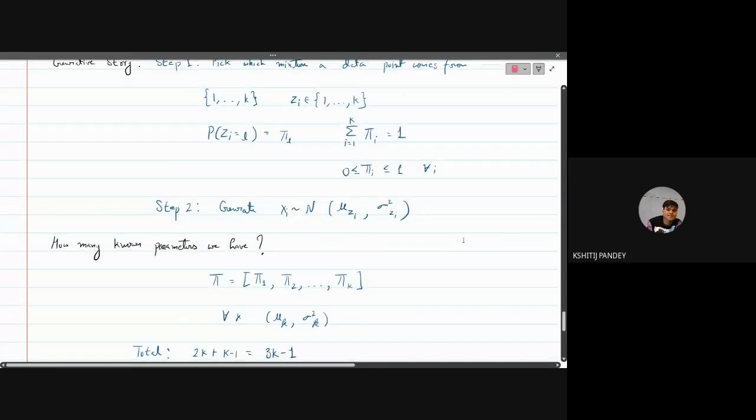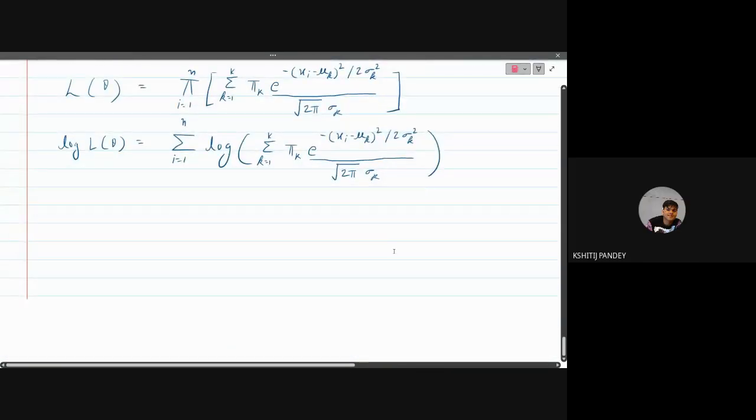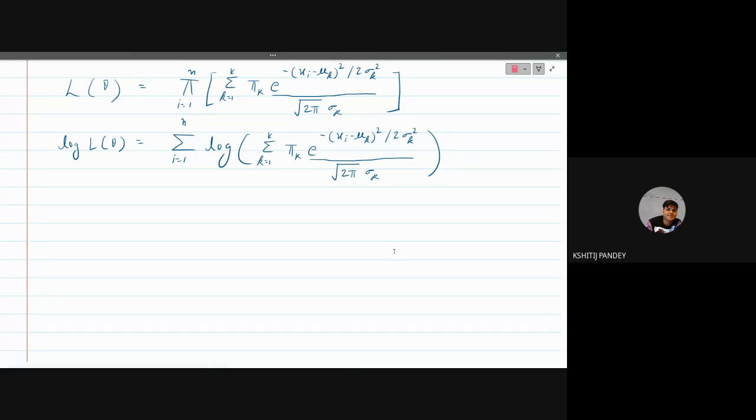So now what do we do? For this, we'll be using Jensen's inequality, and for that, let's have a quick detour, a quick revision of convex and concave functions.